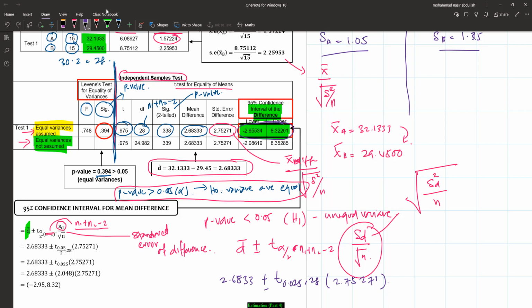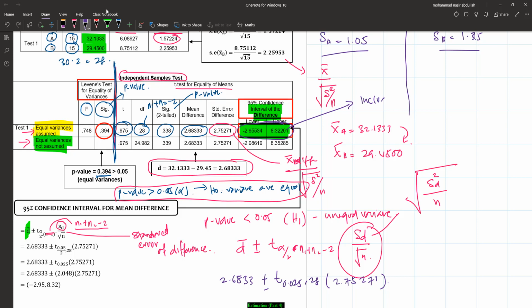So when the confidence interval of the difference includes 0 in the interval, we can say that there is no difference between the two groups.